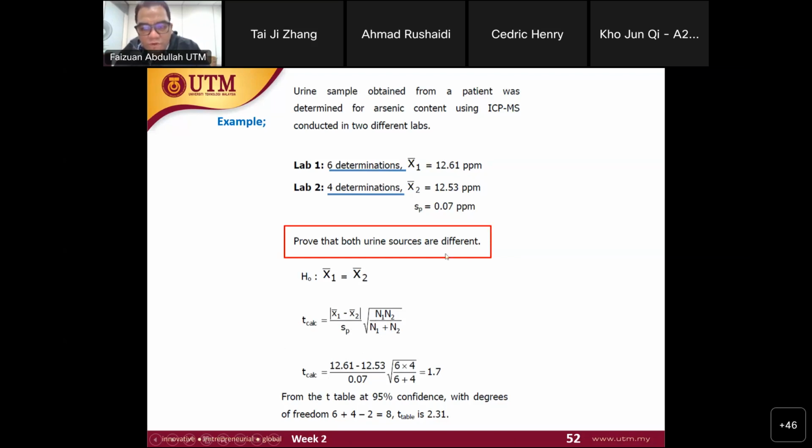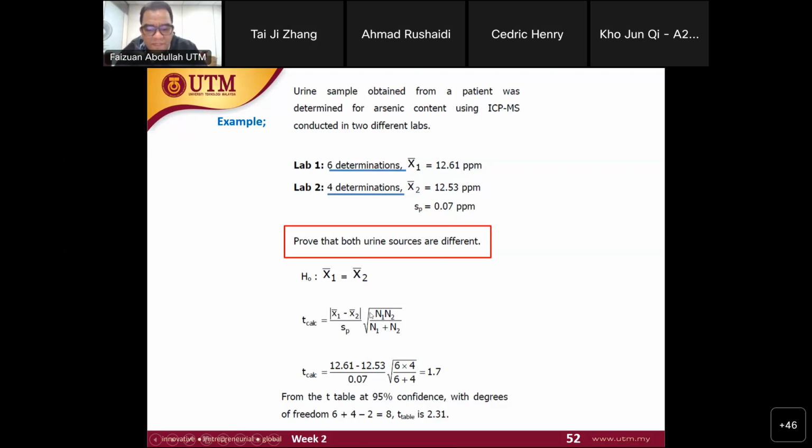After we put in all the values, 12.61 minus 12.53 divided by 0.07, times the square root of 6 times 4 divided by 6 plus 4, equals 1.7.